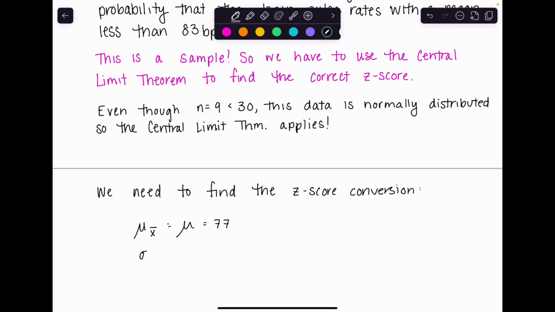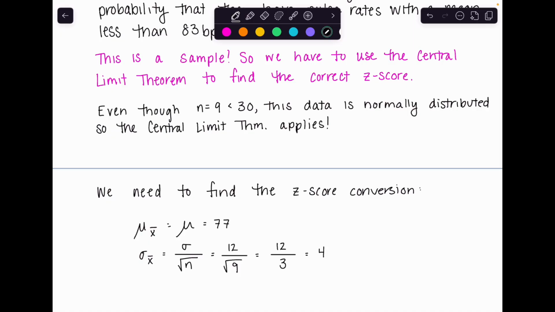When I go to find the standard deviation of the sample, I take the true standard deviation and divide it by the square root of the sample size. My true standard deviation is 12 and my sample size is 9, so we divide this by the square root of 9. Thankfully, that is a nice number. Square root of 9 is 3. So if we take 12 and divide it by 3, it gives me 4.